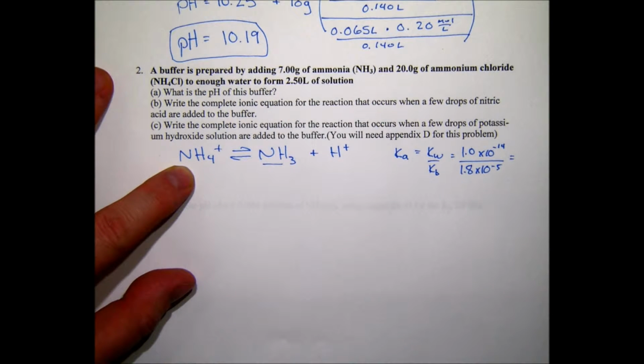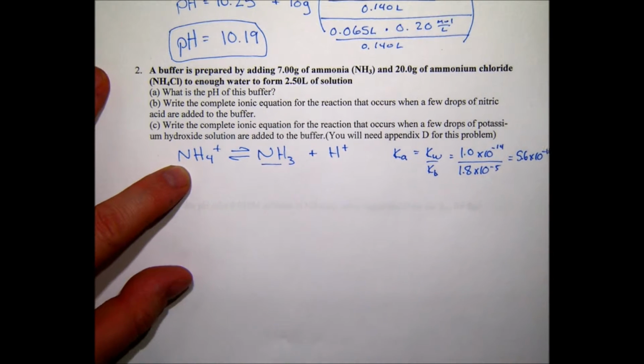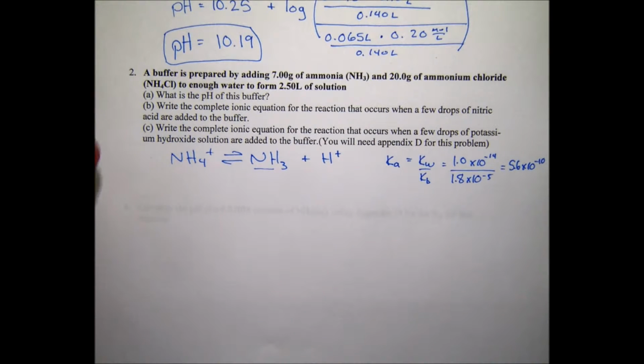And for this particular problem, I get 5.6 times 10 to the negative 10. So that would be the Ka for this particular process.